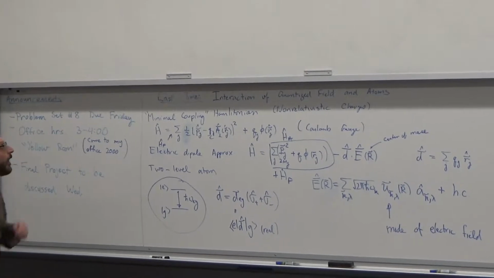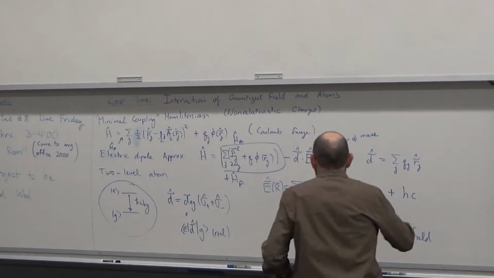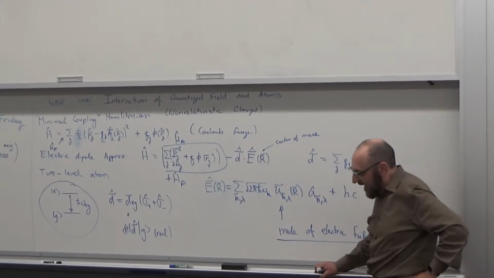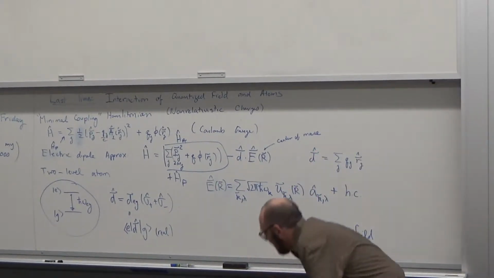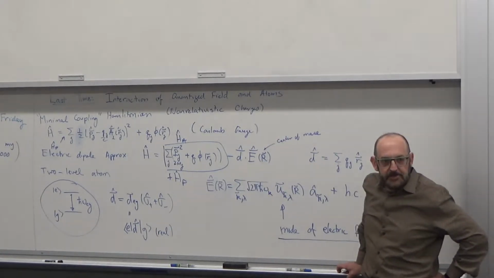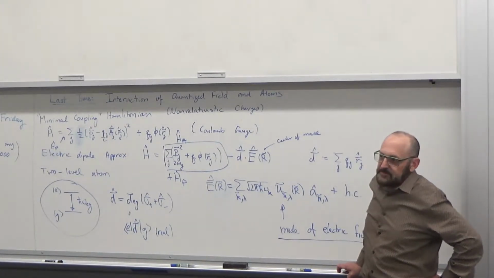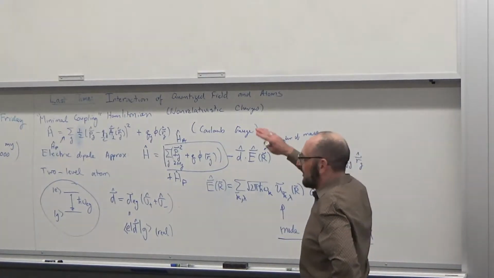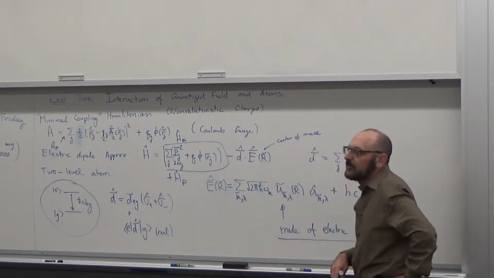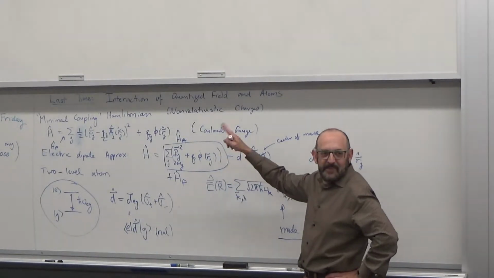Okay. I just wanted to mention one small detail here, which is that when we quantized the field, we did it in terms of the vector potential, right? We wrote down the modes of the vector potential, then wrote down a quantum vector potential, and from that derived the electric and magnetic radiation fields. And there was an i out in front because it was the derivative with respect to time.